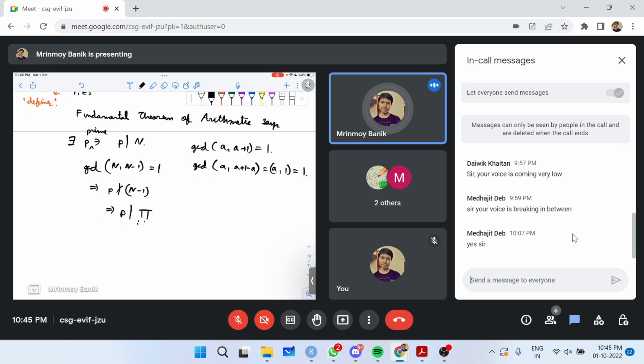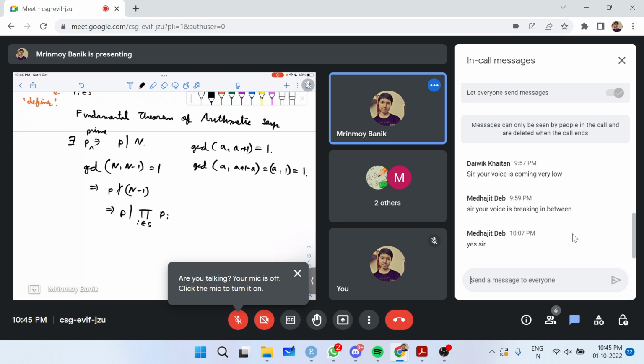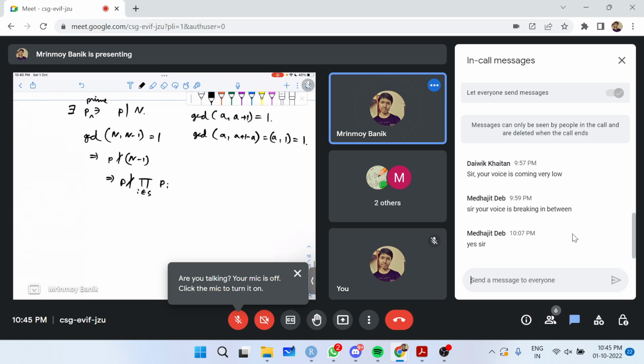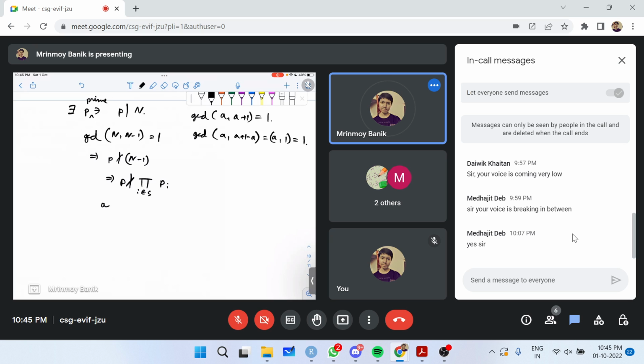p doesn't divide this product. Let's find the GCD of p and this product.